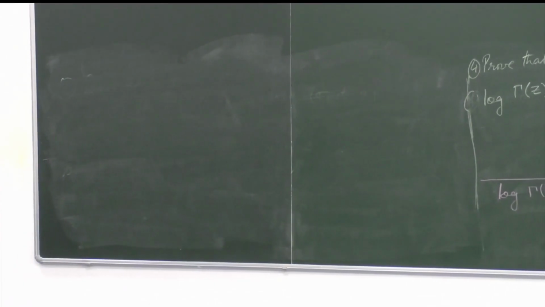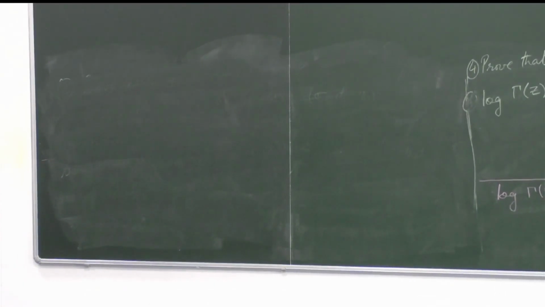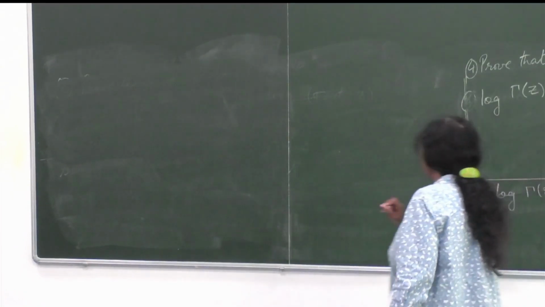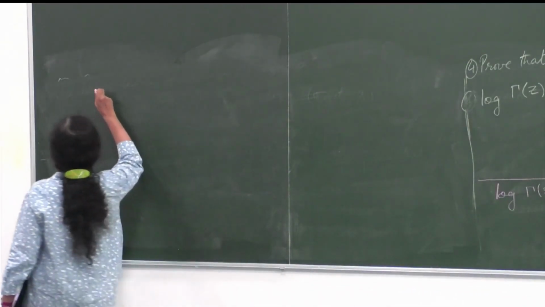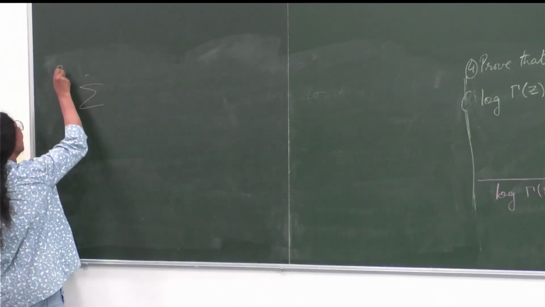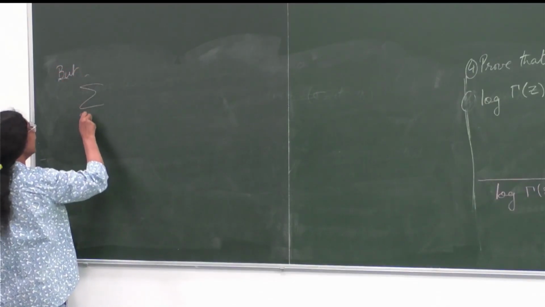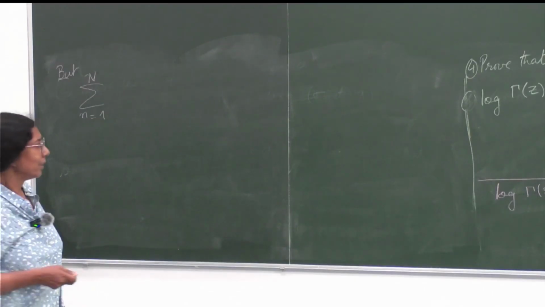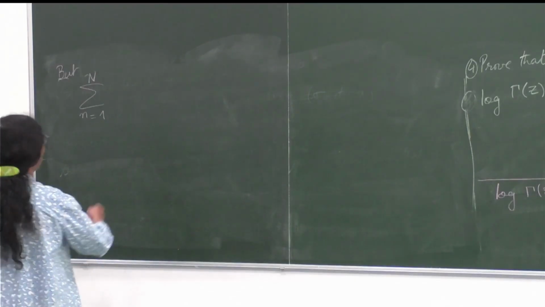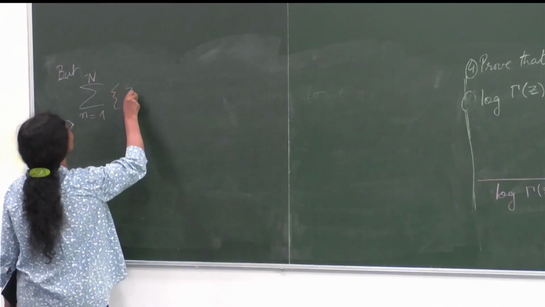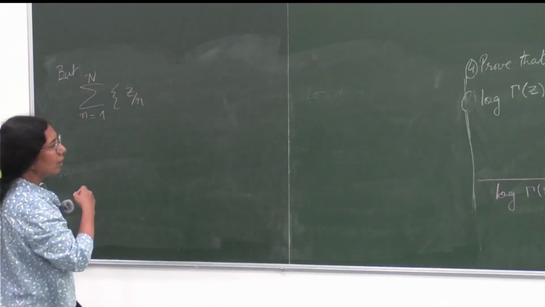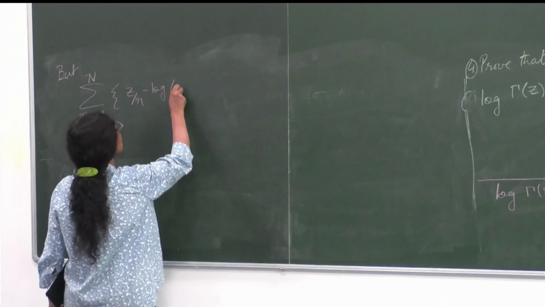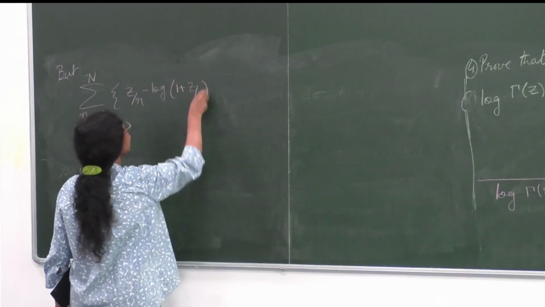So if you took the finite sum, what would happen? You have here an infinite sum, n going from 1 to infinity. But suppose you take the finite sum, n equal to 1 to capital N, and then take this whole thing, z by n minus log 1 plus z by n.